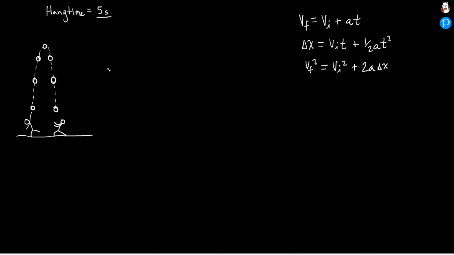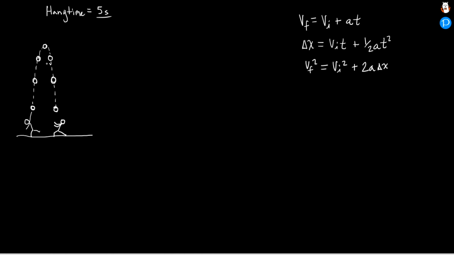Now remember, for problems like this, the moment that ball leaves his hand and the entire time that it's in the air, it is a free-falling object. Even on its way up, it's slowing down, and then on the way back, it's speeding up.